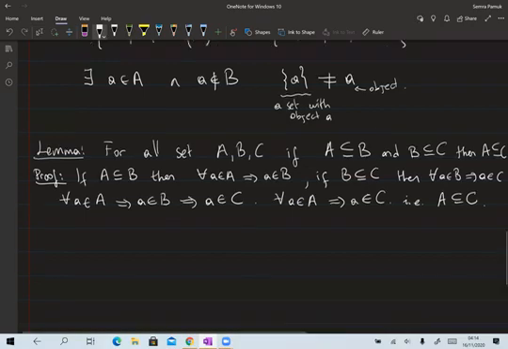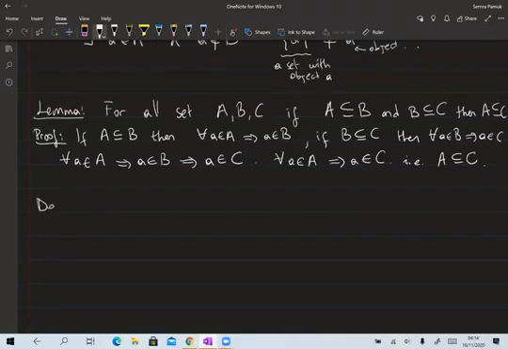Okay, so another important thing is equality of sets. Two sets are equal to each other. Let A and B be sets.